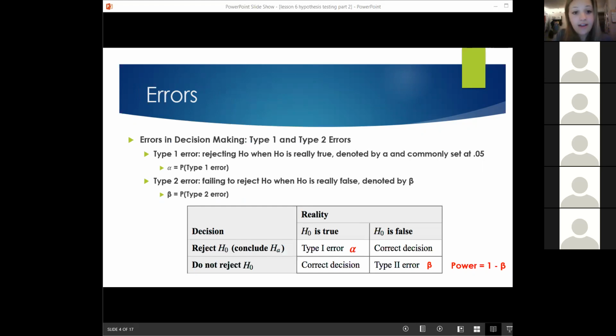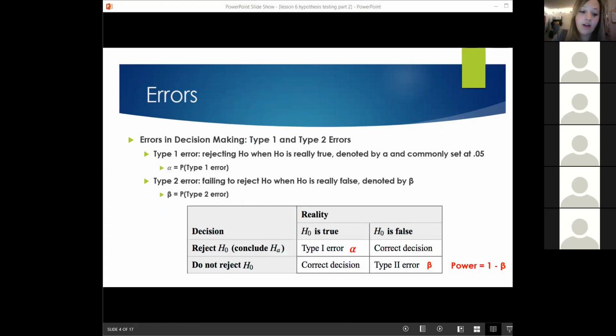So in this case, if we make a type 1 error, that means that we're going to reject that null hypothesis when in reality that null hypothesis was true. Okay, so that's us saying that there's some sort of change going on, but really there was no change. So we made a mistake there. And remember that alpha level that we talked about last week that we often use as 0.05.